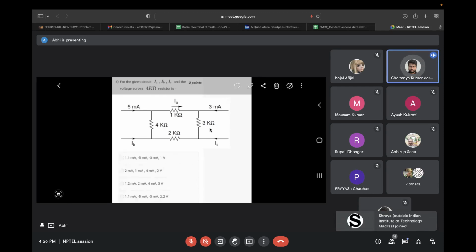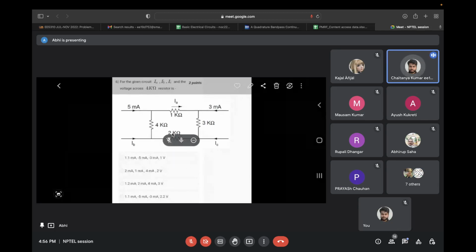So what you can try out is, from the options itself, see which option actually makes sense. From this complete network, that is the 1 kilo ohm, 3 kilo ohm, 2 kilo ohm and 4 kilo ohm resistors, these are connected. In this case, the currents 5 milliamp, 3 milliamp, IC and IB, their sum must be equal to 0 because of KCL. So let's see which of the options has that particular thing.